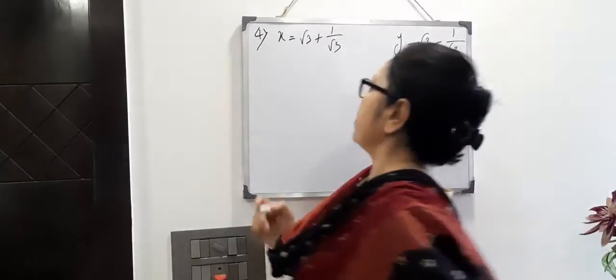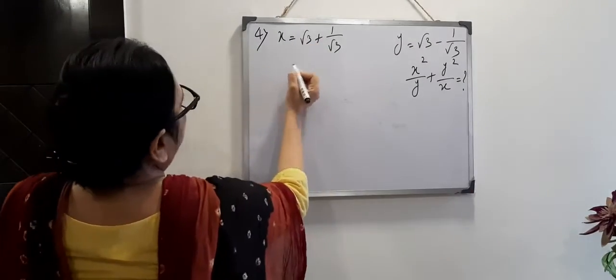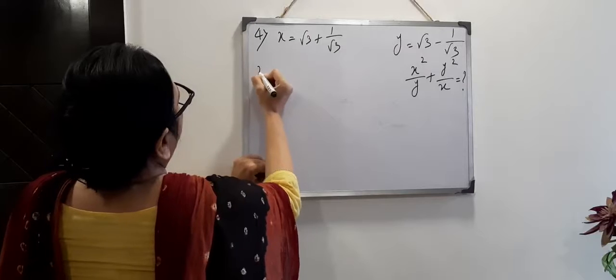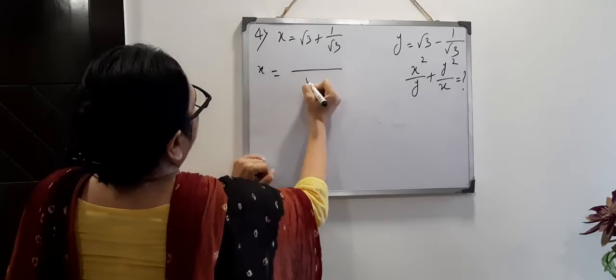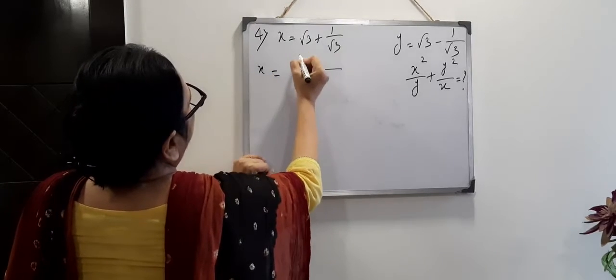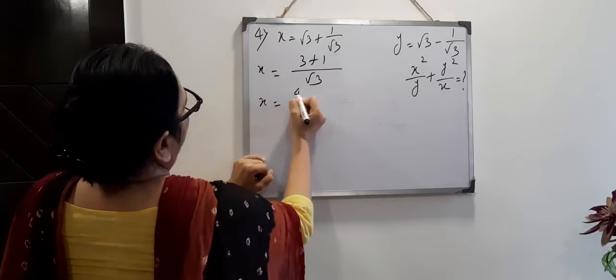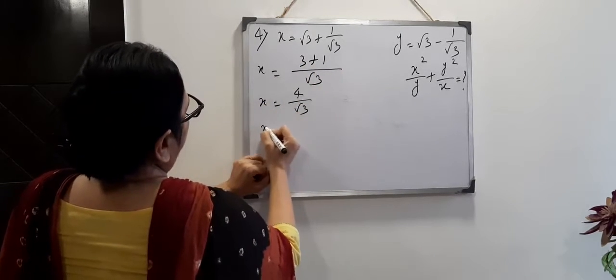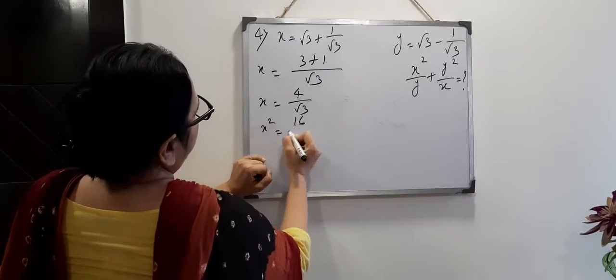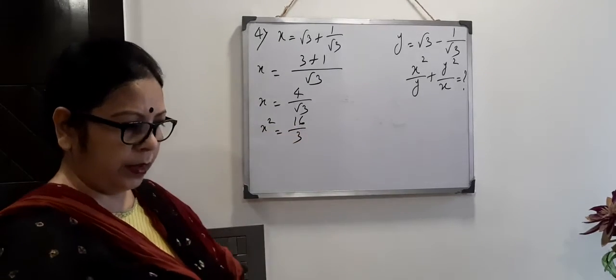For practice. Now here x equals to this, so we can take the LCM. It is becoming 3 plus 1, so x is becoming 4 by root 3. X square is becoming 16 by 3. Clear?